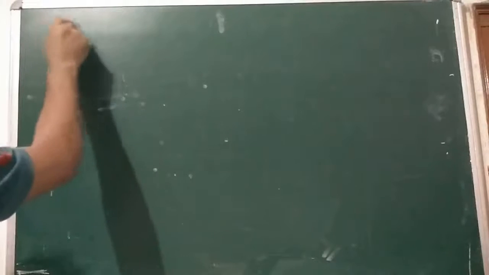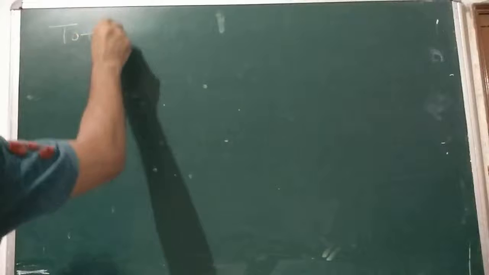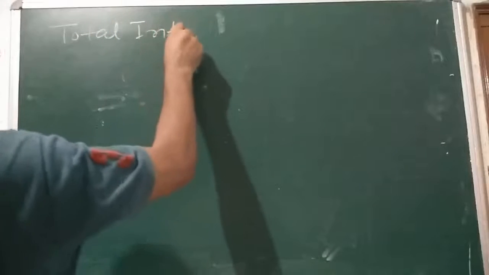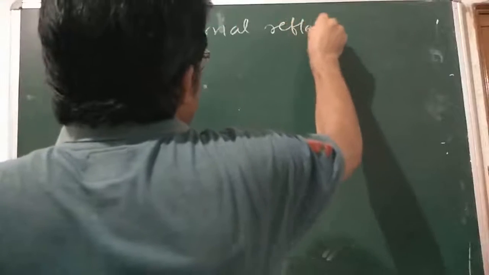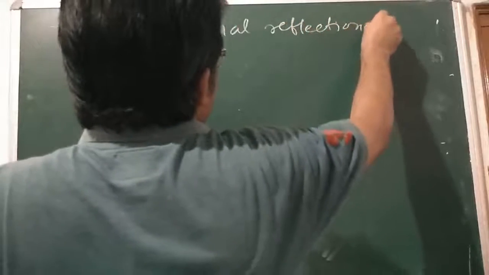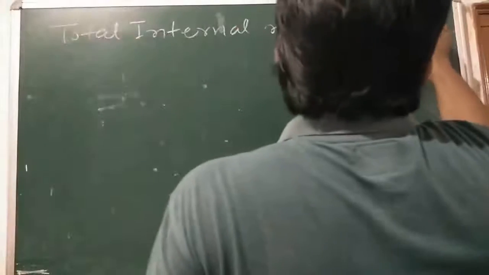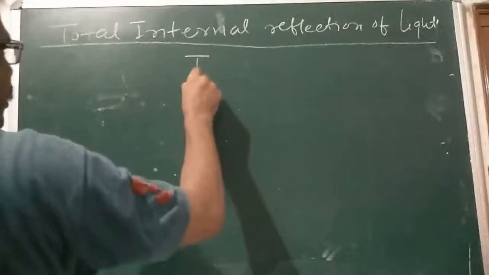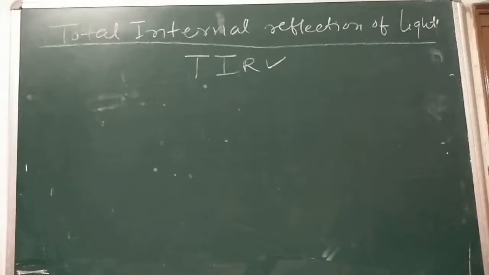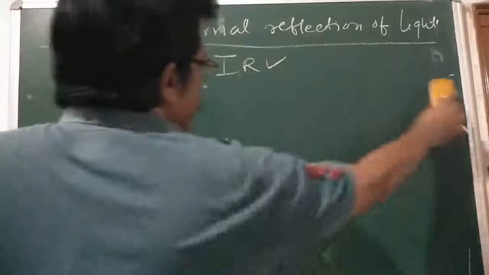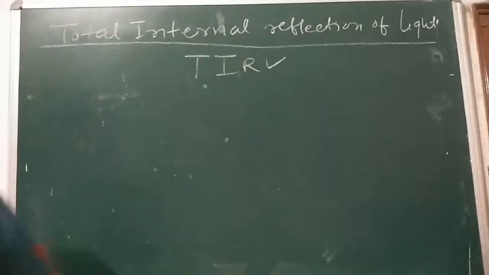Tell me something about it. Total internal reflection of light. Here it is called TIR. Very important article.